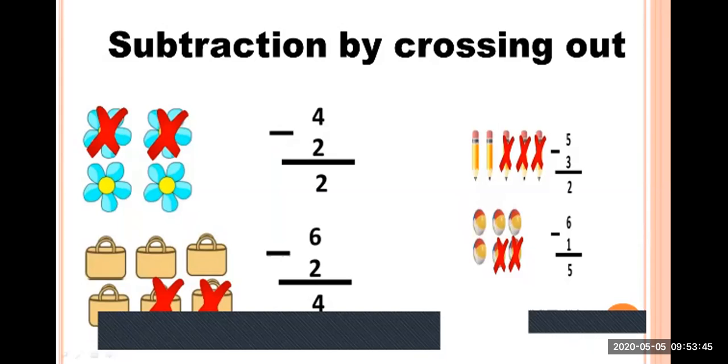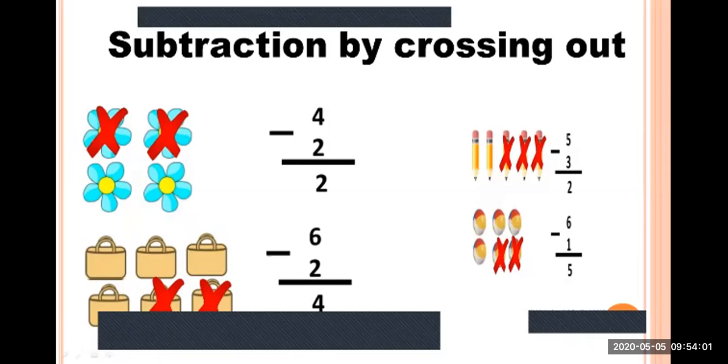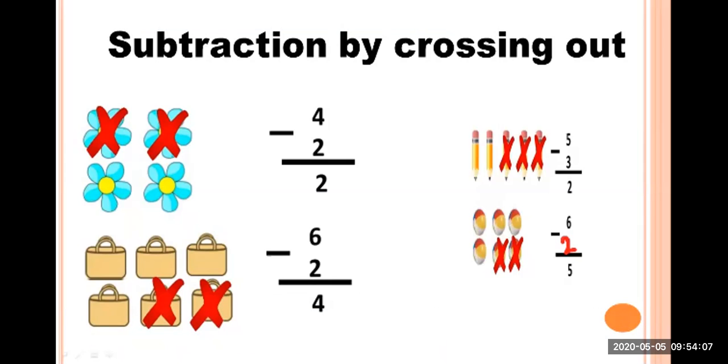Here were 5 pencils. 3 have been crossed out and 2 are left. Here are 6 balls. But in the picture we have crossed out 2 and here we have written 1. That is wrong. So we will rectify this mistake. 2 have been crossed out, so 6 minus 2, how many balls are left?